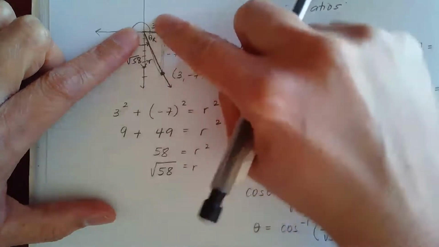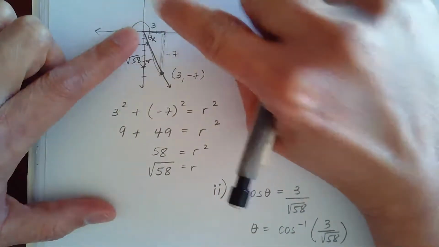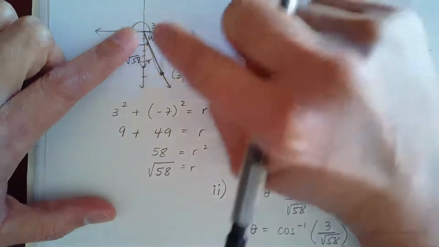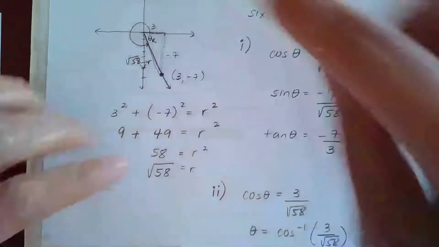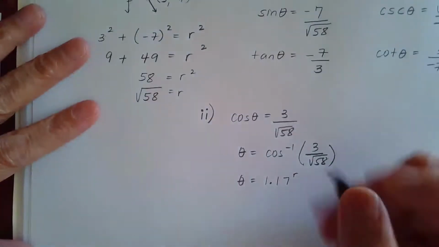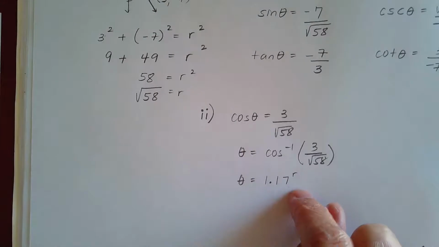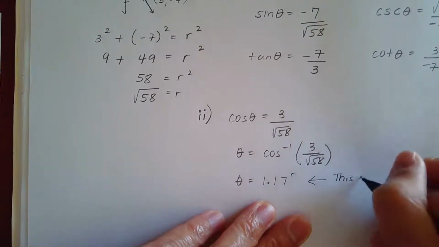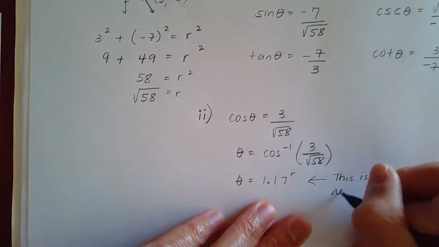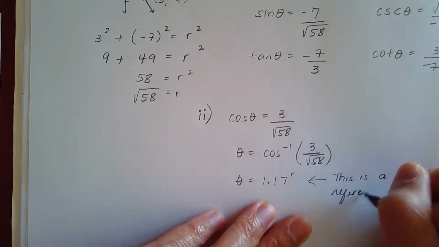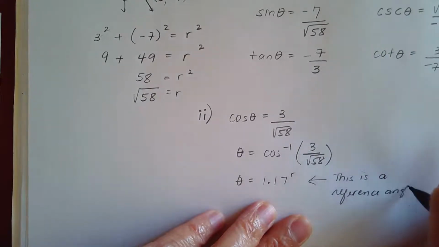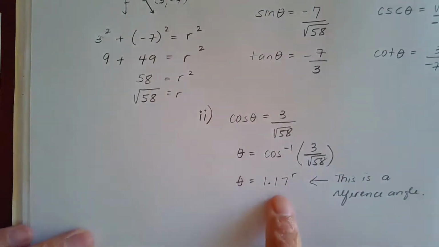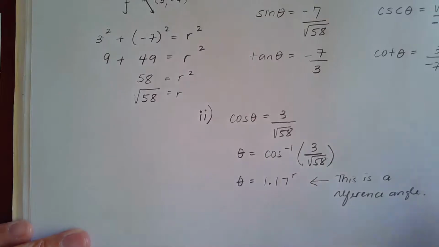It automatically thinks that we are operating in quadrant 1 when in fact we're operating in quadrant number 4. So the calculated information here is a reference angle. Our reference angle is positive 1.17.